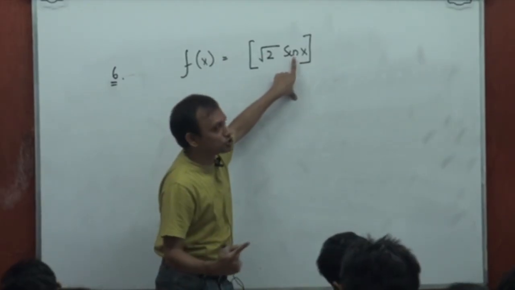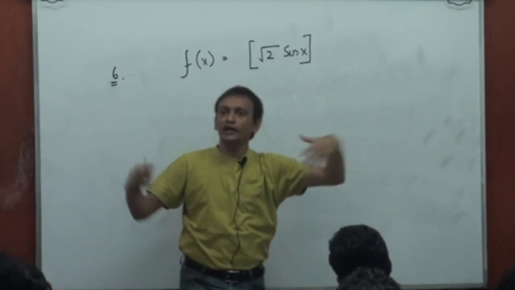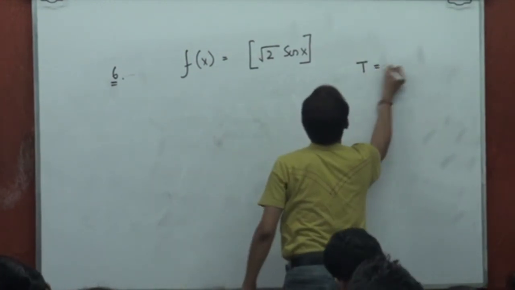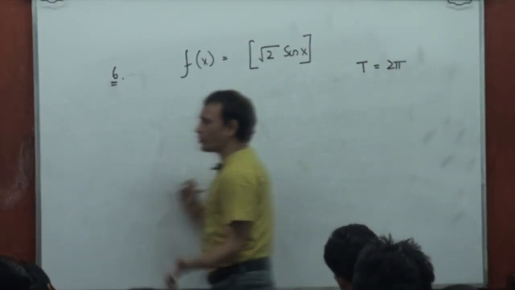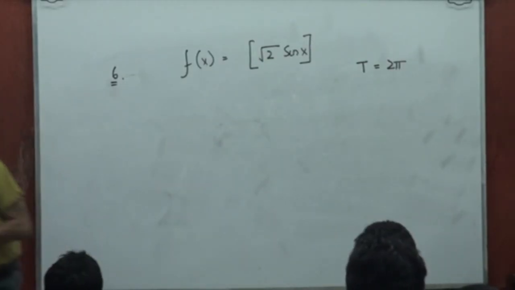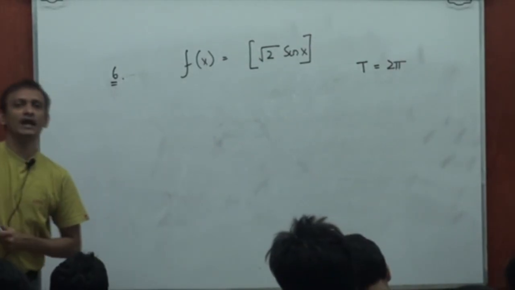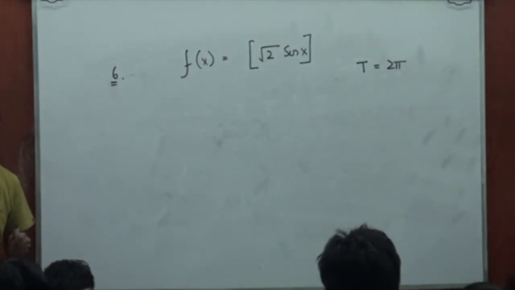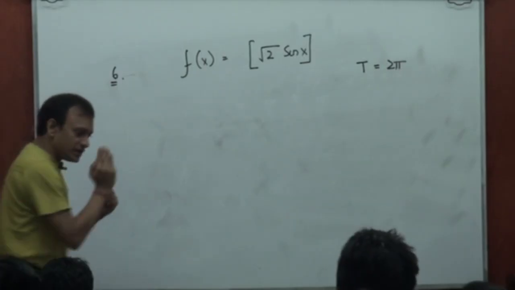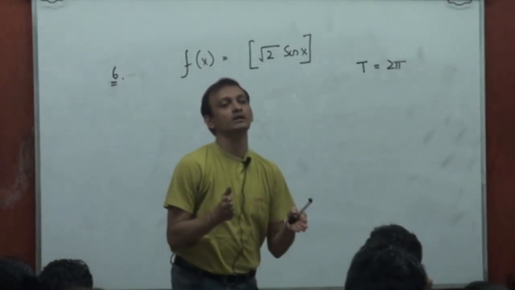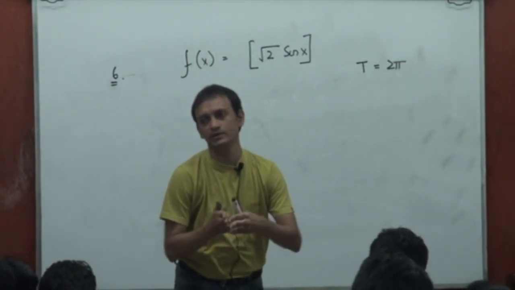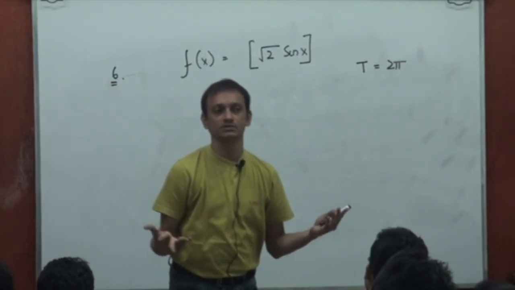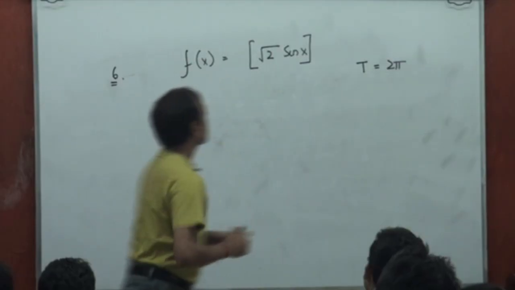Sin x has periodicity 2 pi, so box of root 2 sin x has a fundamental period 2 pi. So whatever you see of this function from 0 to 2 pi, the same character would be replicated down the line for other values of x. Is that alright? So it's enough to check this function in the interval 0 to 2 pi, which is a full period of the function, and all possibilities will get exhausted in this interval, right?